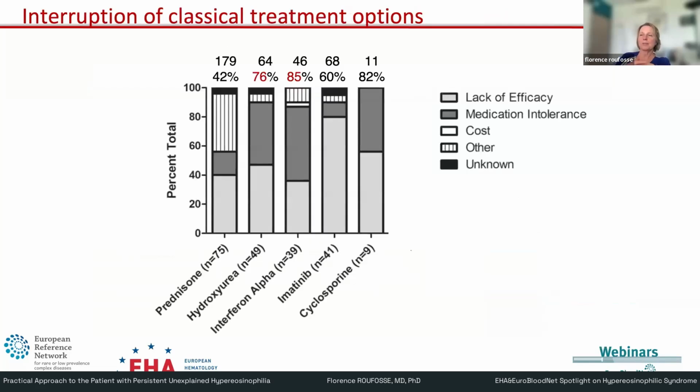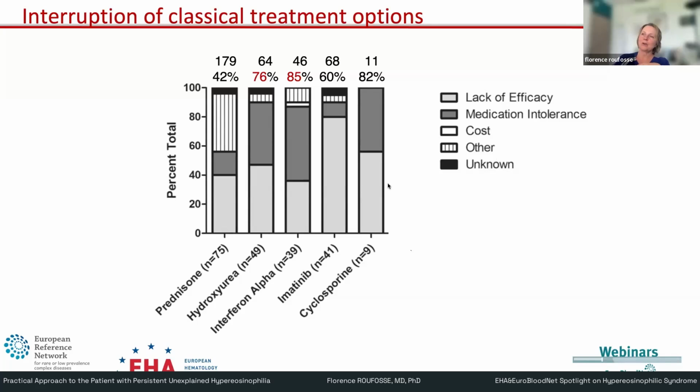The problem is, and this slide really highlights how significant this problem is, many patients do not tolerate these second-line treatments. This slide is actually taken from a retrospective multi-center study that was performed on almost 200 patients from very different countries and centers.